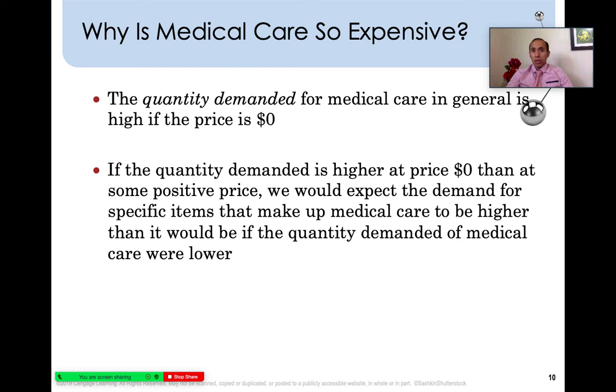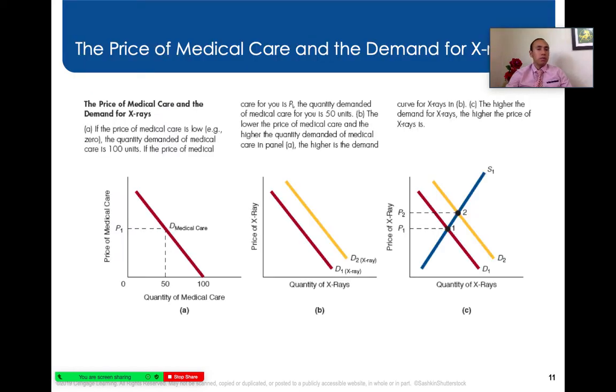Some people did not go to the hospital even though they might have been potentially ill, sick, or infected because they were afraid of expensive healthcare services. A lot of people chose not to go because they don't have insurance. So when you make it a positive rate that you have to pay, the market adjusts. Some people may opt out, and some people may still go.